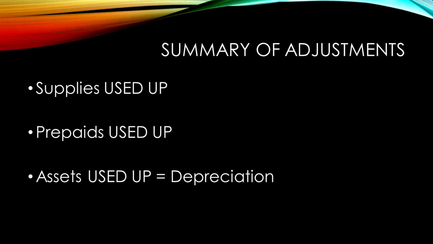In the next section of the video, we will learn how to adjust for supplies that are used up and also for prepaids that have been used up. And we will also talk about how our fixed assets are used up or they lose their usefulness, a process that we will refer to as depreciation.